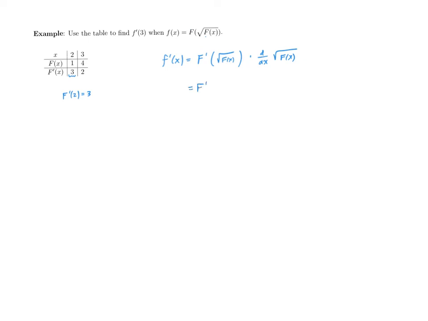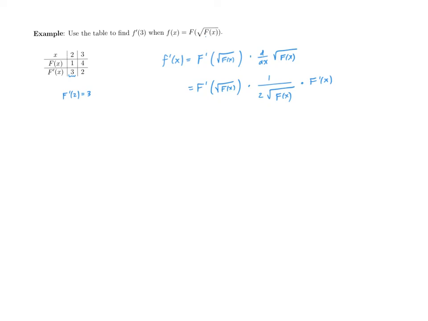So continuing on, we have F prime of the square root of f of x. And now when we differentiate using the chain rule, we differentiate the outside function, 1 over 2 square roots. We evaluate at the inside function, and then we multiply by its derivative.